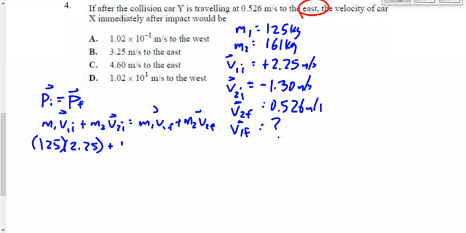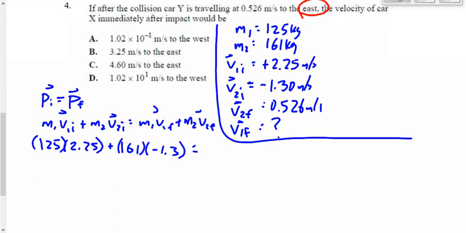M2 is 161, V2I is negative 1.3. Don't forget that negative. M1 is 125 again. V1F is what we're looking for. M2 is 161. V2F is 0.526, positive 0.526. Holy, lots of numbers here.